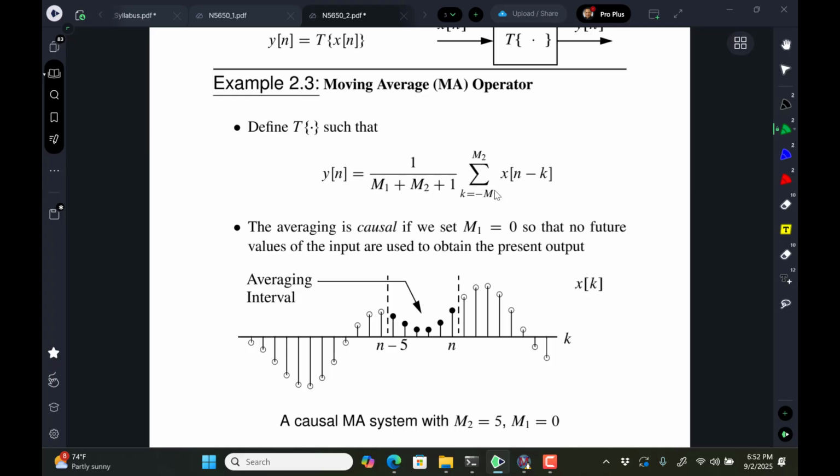When k is positive, we're taking past values, M2 past values, and then these are future values because of the minus sign. They're actually coming from the other side of the timeline. They're coming from out over here. So I need to say that.